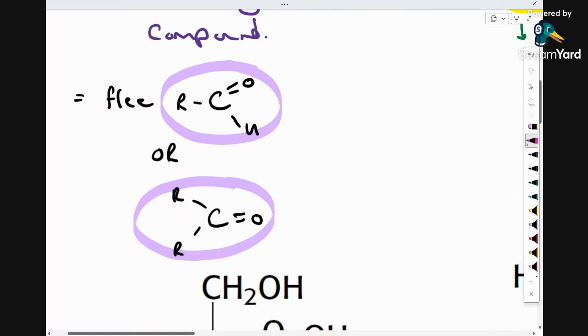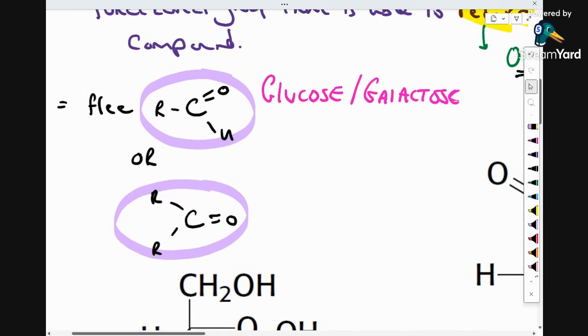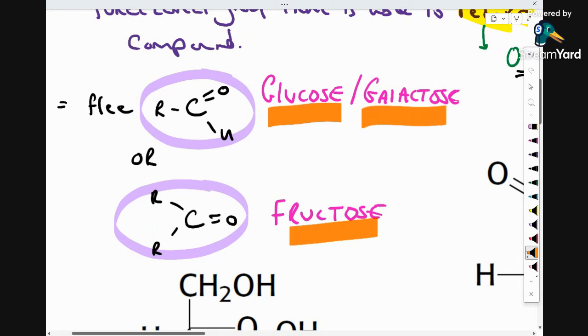We know that both glucose and galactose are aldose sugars. They have free aldehyde groups within their chemical structure. Meanwhile, the ketone functional group here is present in fructose. These guys that we've come across before are all monosaccharides. Remember, glucose, galactose, and fructose are all reducing sugars.